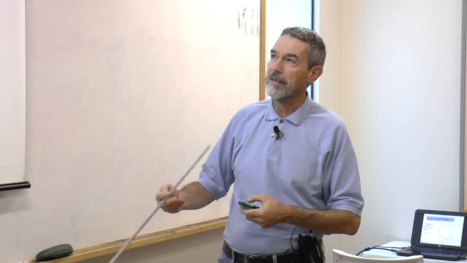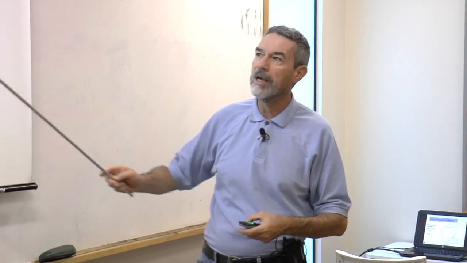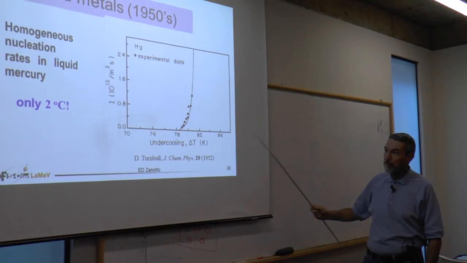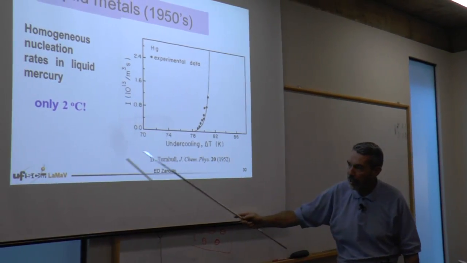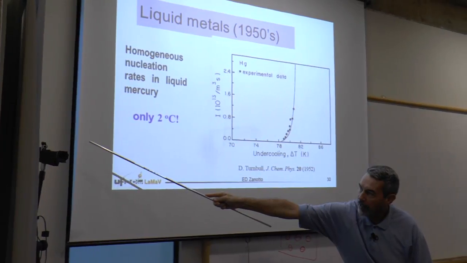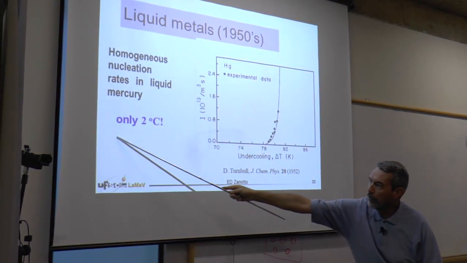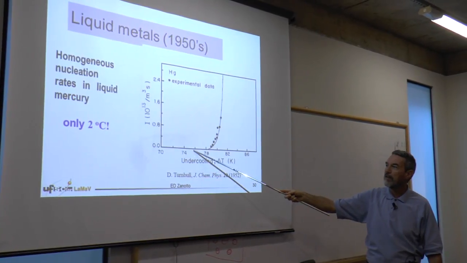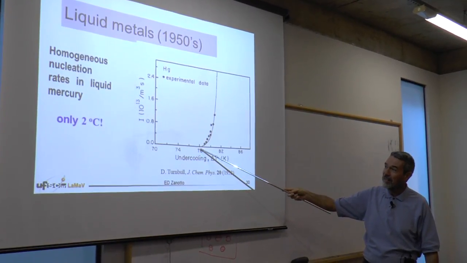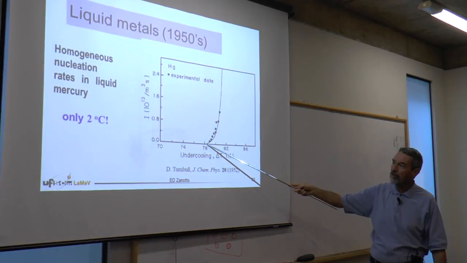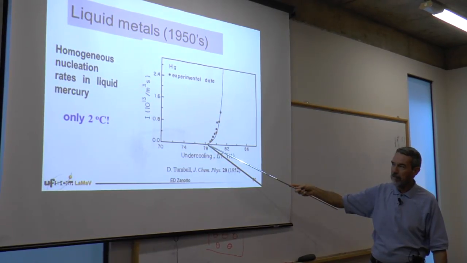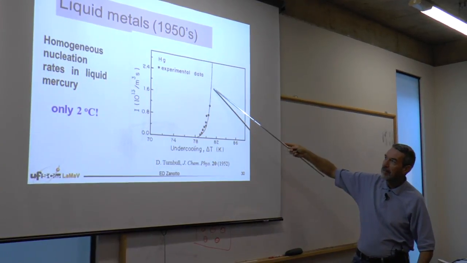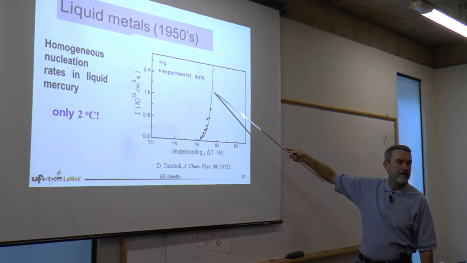And these are his tests. Homogeneous nucleation rates in liquid mercury. So the melting point was something like here. And it was going undercooled, undercooled, undercooled, 70, 72, 74, 76, 78, 79 degrees Celsius, or Kelvin, it doesn't matter, below the melting point, nucleation started.